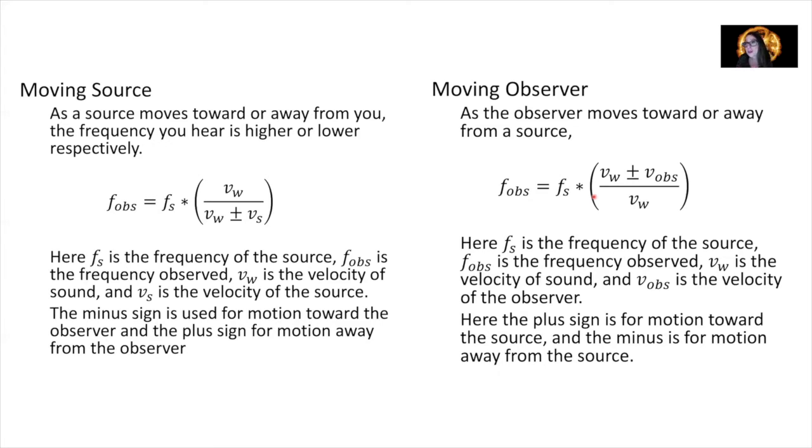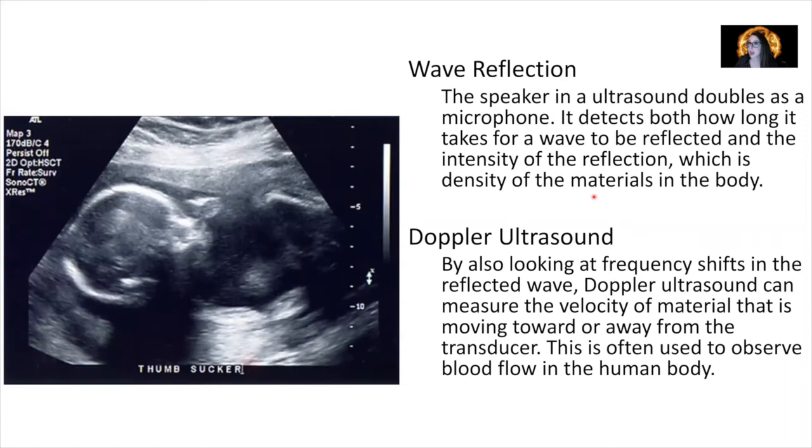And always remember that if the source and the observer get closer to each other, the frequency is going to increase. And if the source and the observer get further away from each other, the frequency is going to decrease. So you look at this equation and ask, when I use a plus sign or a minus sign, is the frequency going to increase or decrease in the way that I know it should for the Doppler effect?